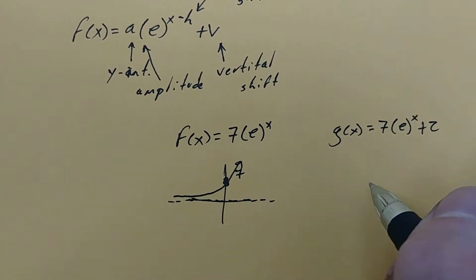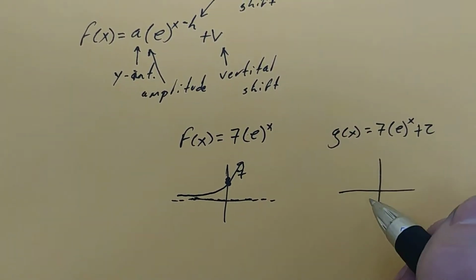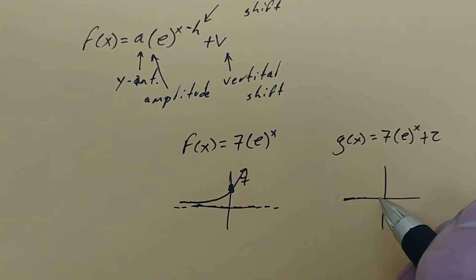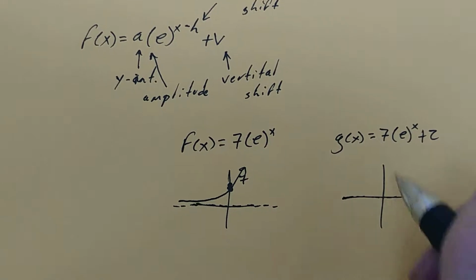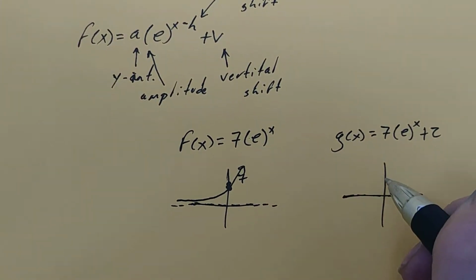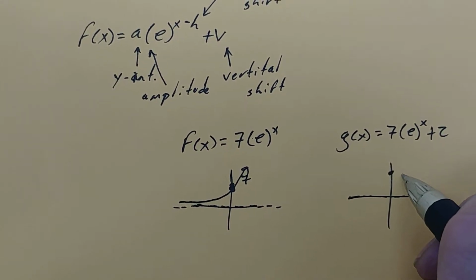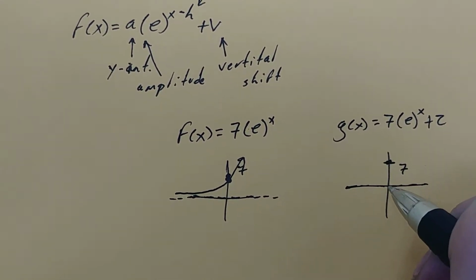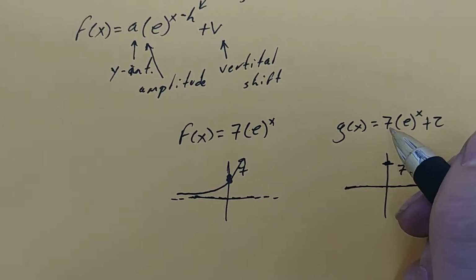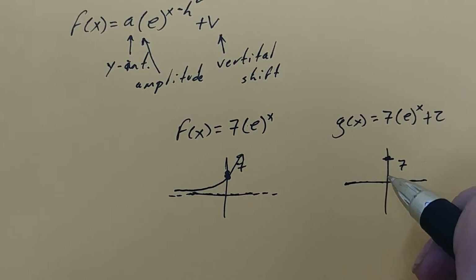All right, so we have another x and y axis, and we know the asymptote is always right on top of the x-axis. The 7 means that my point is going to be 7 units up. So there's my point, 7 units up. That's because of the 7, and the asymptote, which is 7 units away.